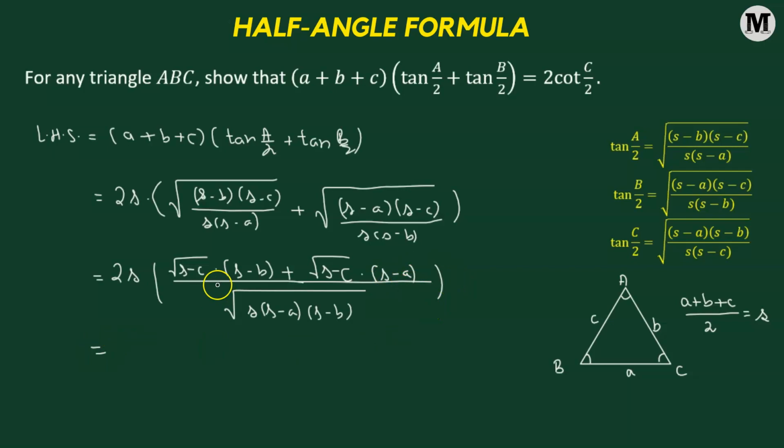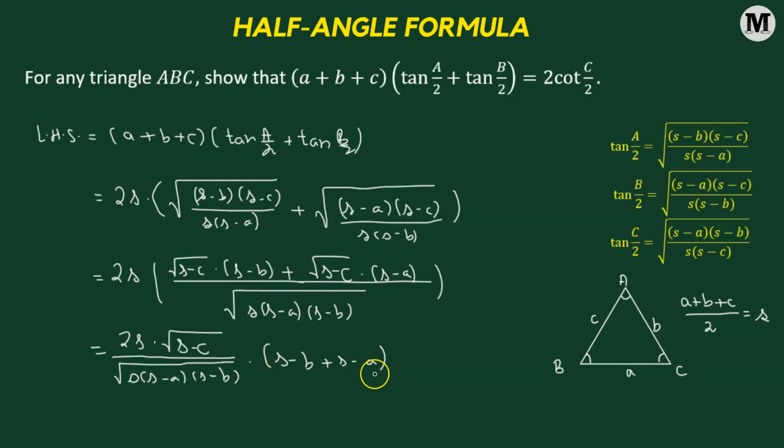Fine. Now we can factor out the square root of (s minus c) from the numerator. So we get 2 times s multiplied by the square root of (s minus c), the whole divided by the square root of s times (s minus a) times (s minus b). This will get multiplied by (s minus b) added to (s minus a).